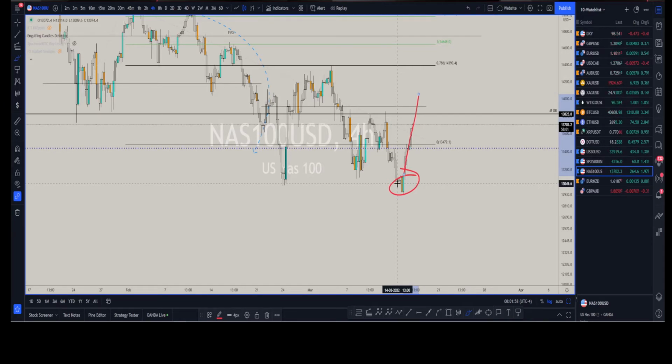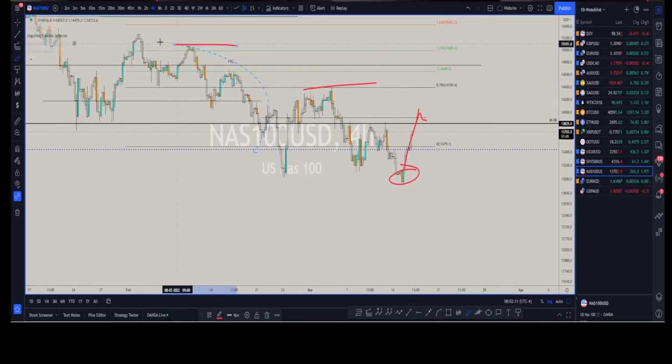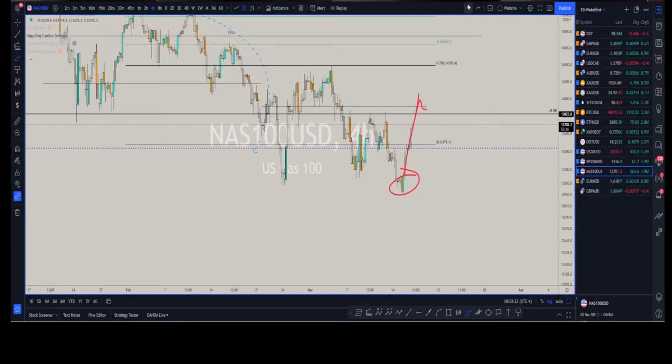Maybe sometimes it's a bit late for a swing trader. But if this breaks and closes, we are targeting this and these. So there's more room, right? It's not just going to reverse and come back down, there is more room to go.